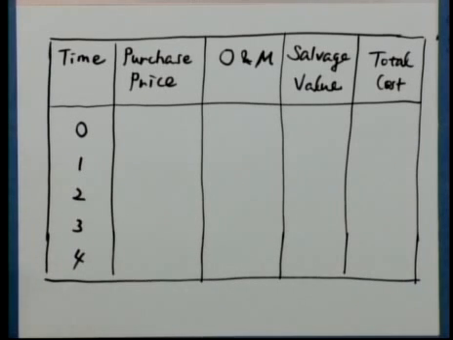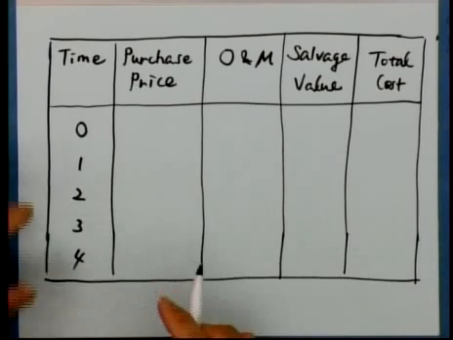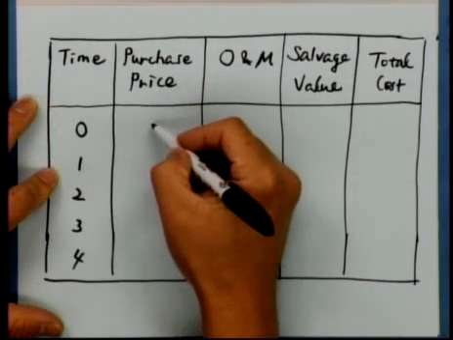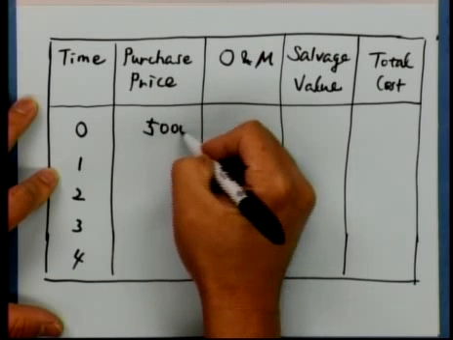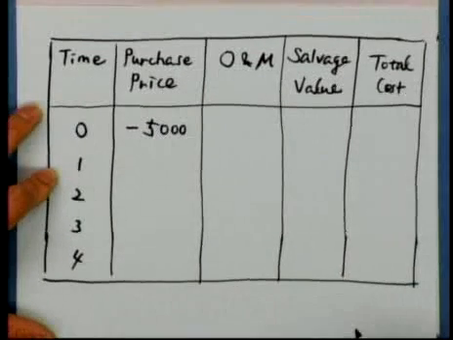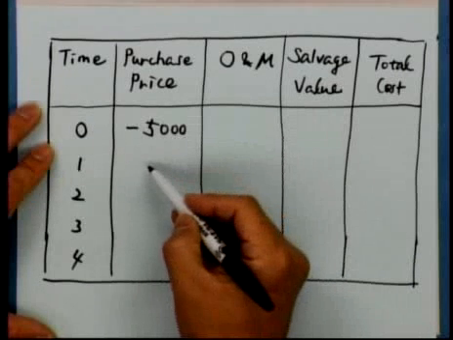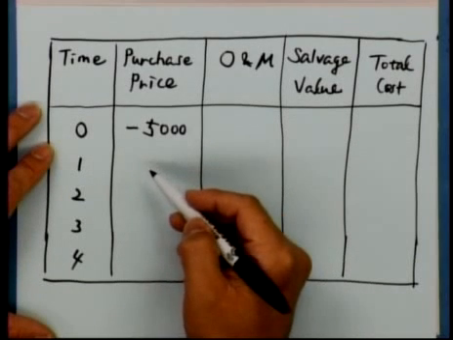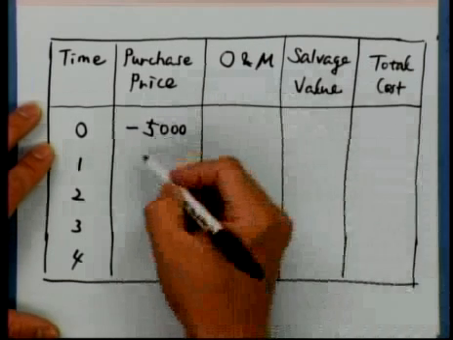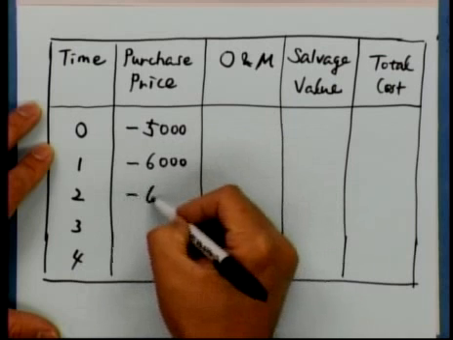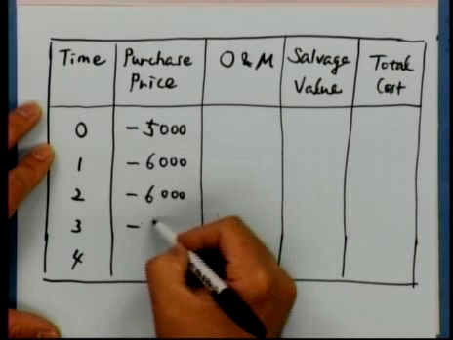So he agreed to pay $5,000 immediately, so you put negative 5,000 right here. And he agreed to pay 3 additional payments of $6,000 at the end of year 1, year 2, and year 3.